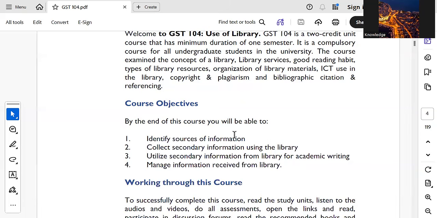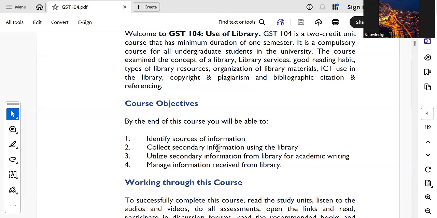So at the end of this course, you'll be able to identify the several sources where you can get information from. You'll be able to collect secondary information using the library, which means you will know that the library is a source of secondary information.